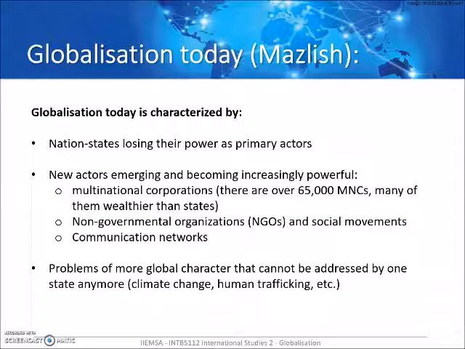There is a need for global action. Same when it comes to international crime, to human trafficking. One country alone cannot stop or fight those problems anymore, which leads to a need of a much different international collaboration than what was back in the days. So these are really three important factors that characterize globalization nowadays.